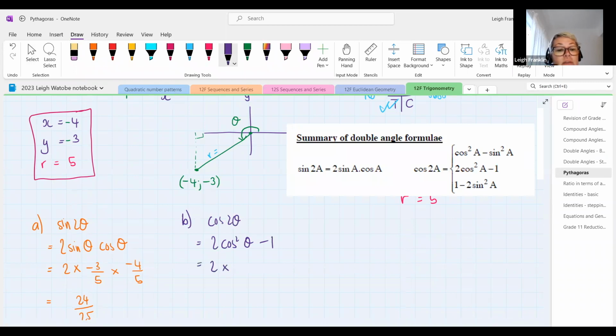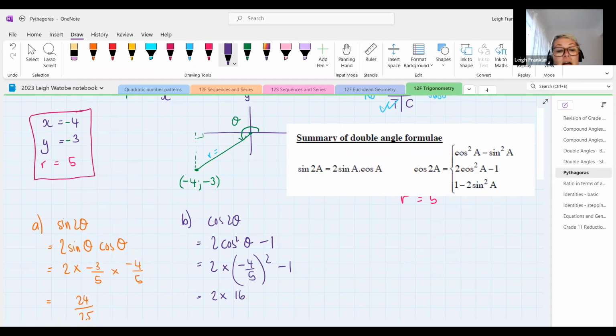Remember, we had said that cos theta was equal to minus 4 over 5. But cos squared theta, so your ratio is squared, minus 1. Again, now you'd have to follow the order of BODMAS. We'd have to square first, then multiply, and then minus 1.